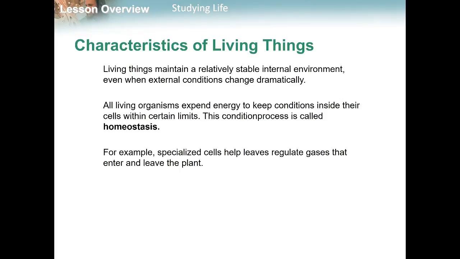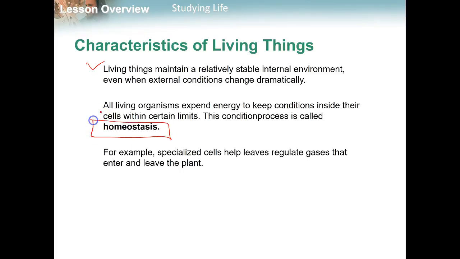Another characteristic of living things is they maintain a relatively stable internal environment, even when external conditions change dramatically. If you go outside and it is 32 degrees, your body temperature usually stays at about 98.6. That's maintaining a stable internal environment.